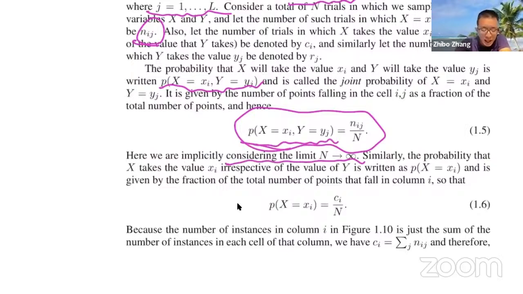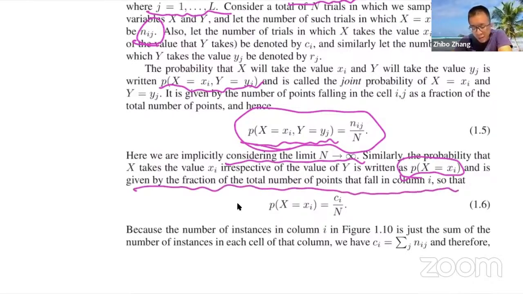Similarly, the probability that x takes the value xi, irrespective of the value of y, is written as this. You can consider this as a marginal probability, without the occurrence of y equals yj. It's given by the fraction of the total number of points that fall in column i.